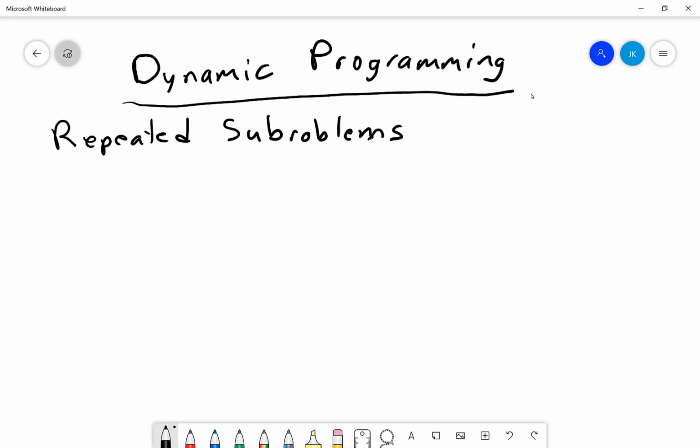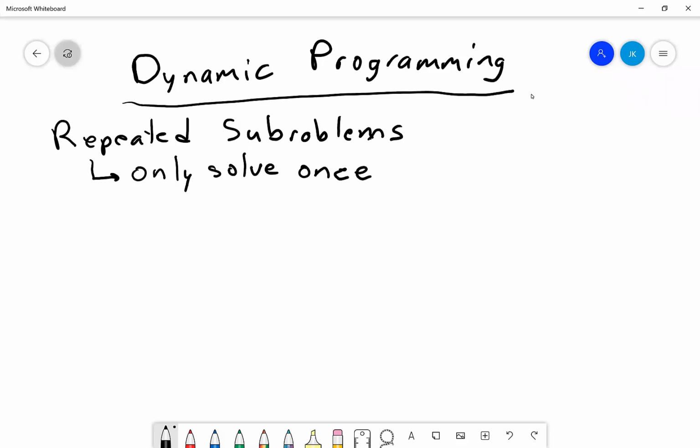The basic idea of dynamic programming is very simple. It just means that you only solve each subproblem one time. One way or another, you don't want to keep re-solving the same problem. If you faced the problem before, you don't want to redo it another time.